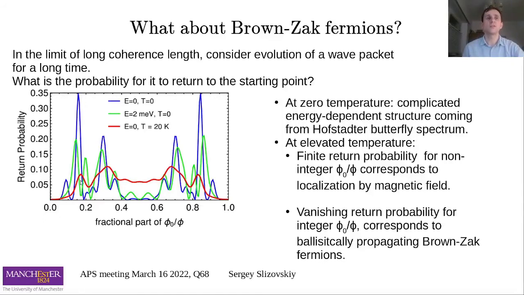The return probability at elevated temperatures is shown by a red curve. It is non-zero for non-integer inverse flux, meaning a localization by magnetic field. For integer inverse flux, it vanishes, which corresponds to free ballistic propagation of Brown-Zak fermions away from the initial point.